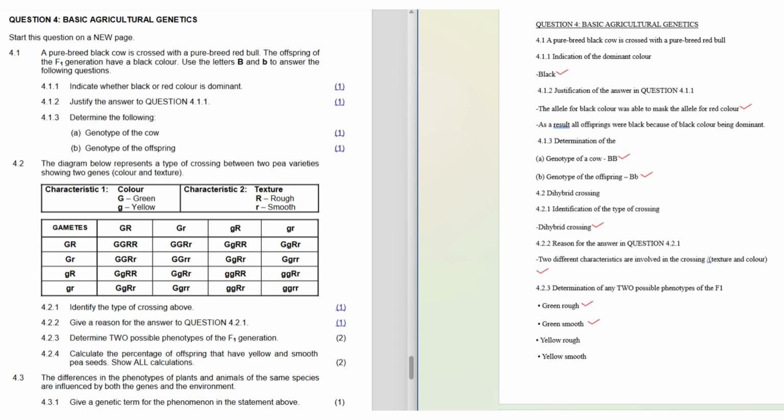Two possible phenotypes. So if you look at this diagram, you don't need to be smart to get it right. But if you look at it, you'll see that this is a combination of characters.